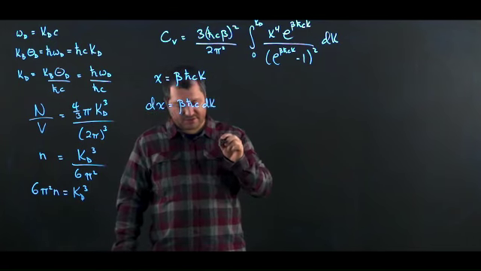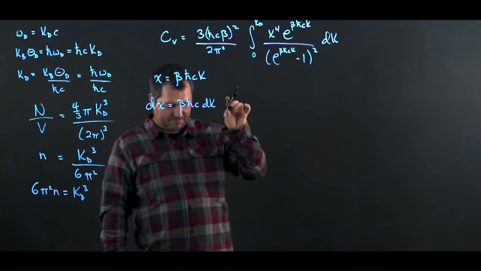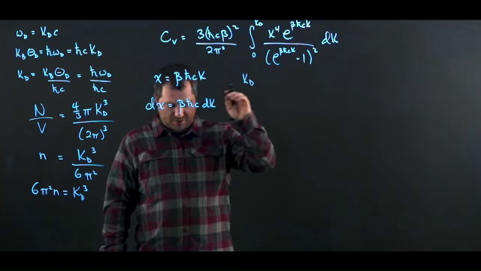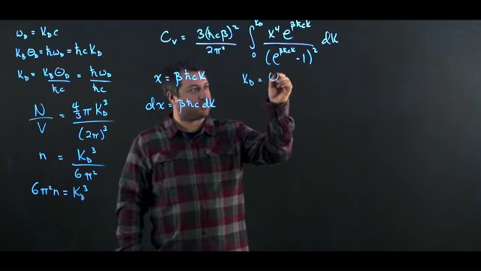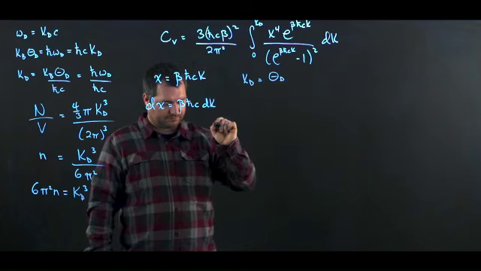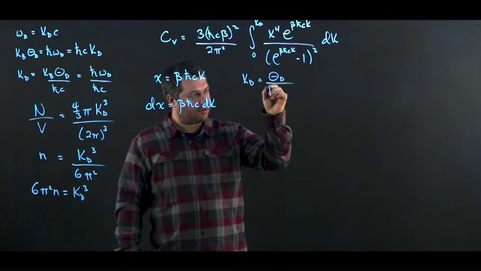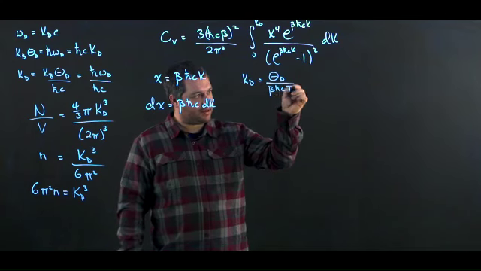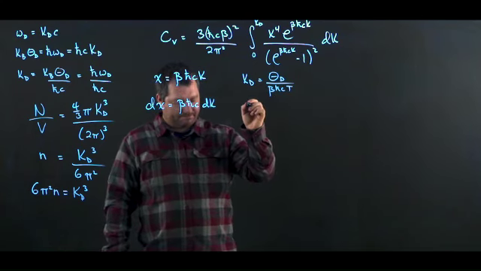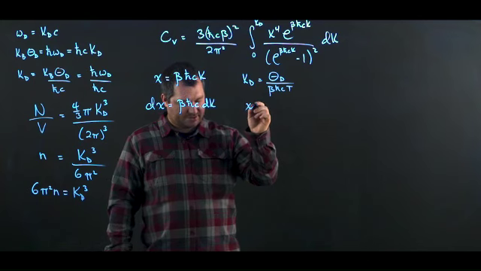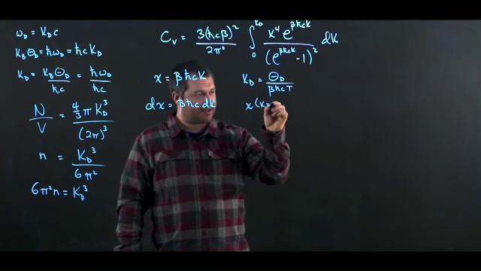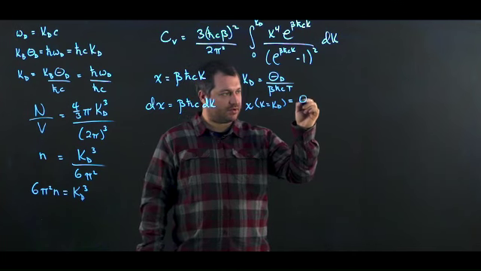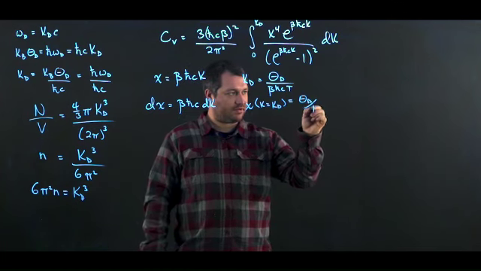And I can now also take this term kd, which I had from before. Remember that kd is equal to some Debye temperature over beta h bar c, then I can say that x at k equal to kd is going to be equal to the Debye temperature divided by T.